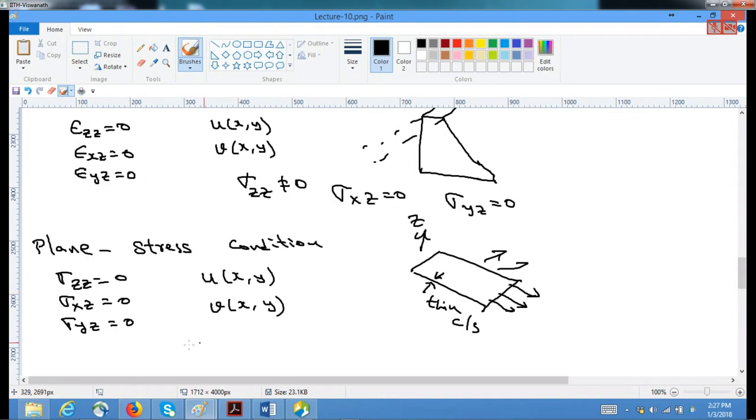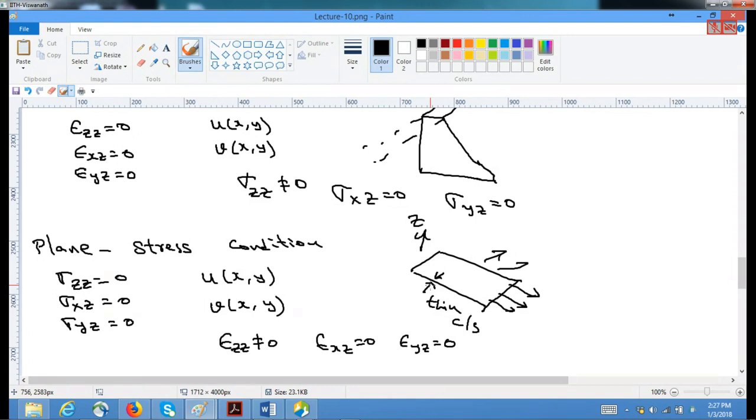In these cases, because of the Poisson's effect, you will have epsilon zz not equal to 0, but epsilon xz is equal to 0, epsilon yz is equal to 0. So when the third dimension is insignificant with respect to the x and y dimensions, then you make the plane stress reduction.